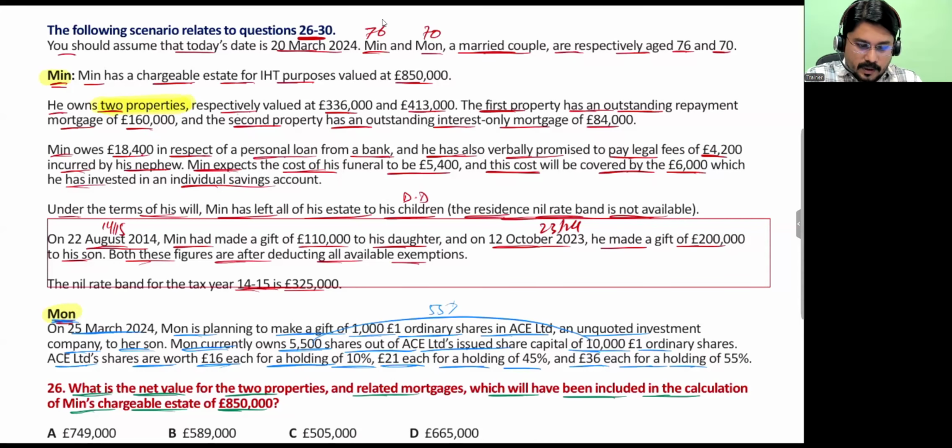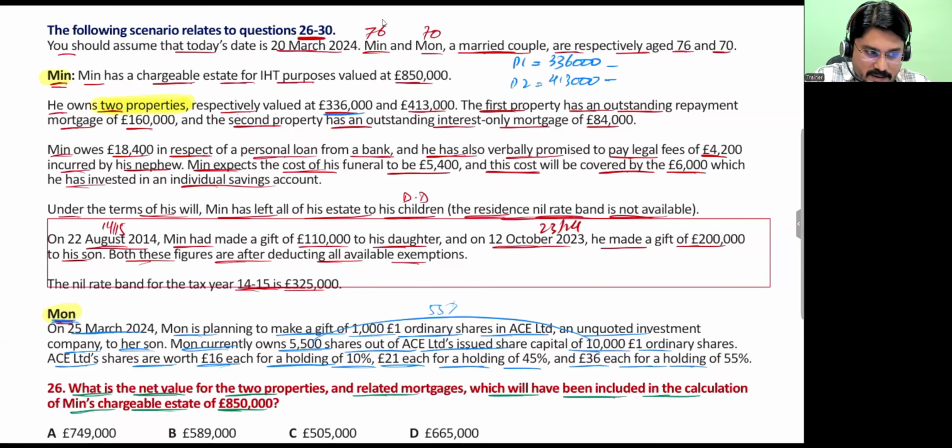Here we go. If we talk about property one valued at 336,000 and property two, the value is given as 413,000. And we know mortgages are allowable deductions from the property's value.